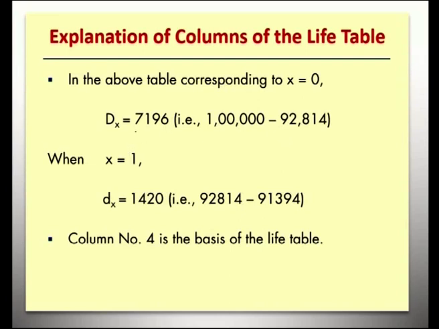Therefore, 1 lakh is the total number of persons at x equal to 0, and 92814 is the survival figure per 1 lakh. Just subtract, and you get the deaths.